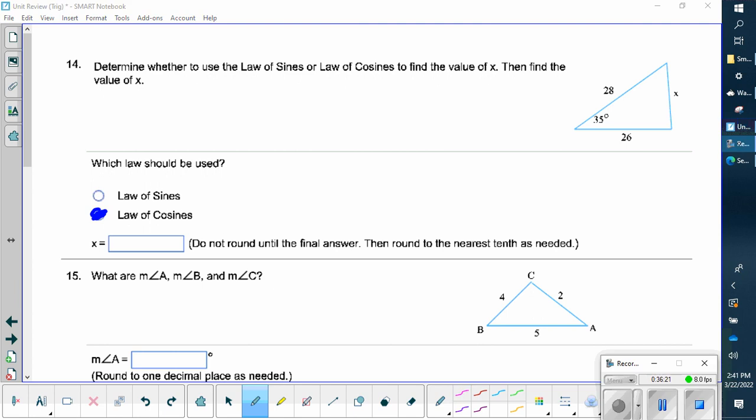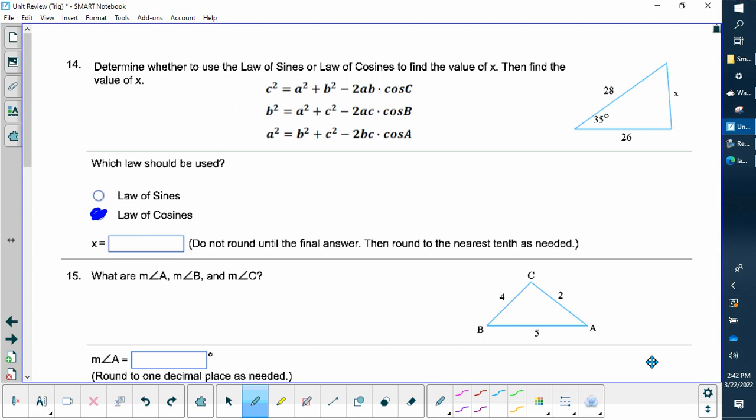I'll be right back. Okay, this is what it looks like. Now, this looks like a jumbled mess and it's very confusing. But all of these are the law of cosines. But I never use all three. I only use one. Now, if I had a triangle that said A, B, and C, then I would just choose which one am I looking for. And it really doesn't matter.